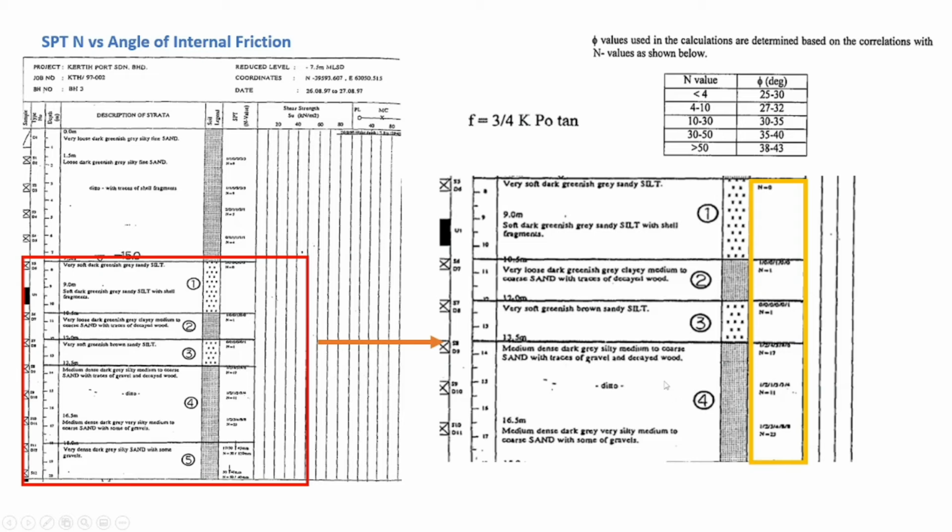For example, for soil strata 1, the N value is 0 for very soft dark greenish grey sandy silts, and strata number 4, N equals 17, where the soil description is stated as medium dense dark grey silty medium to coarse sand with traces of gravel and decayed wood.